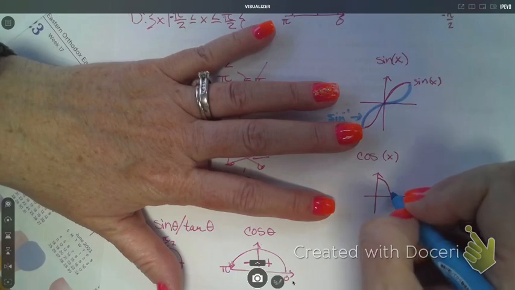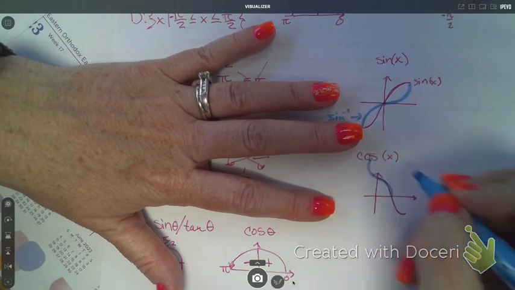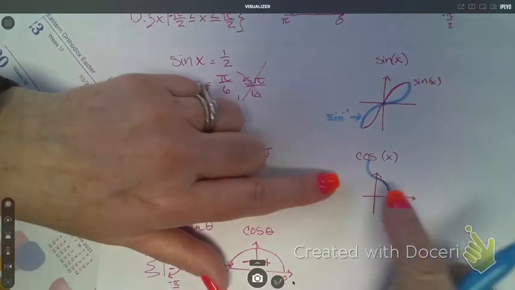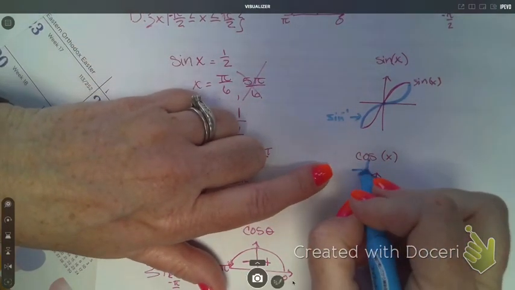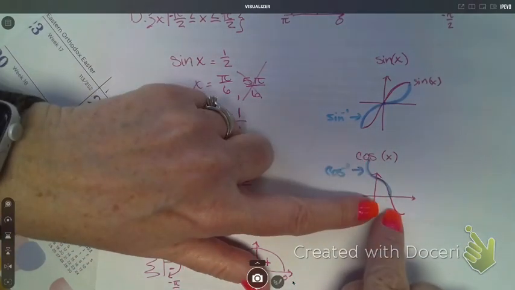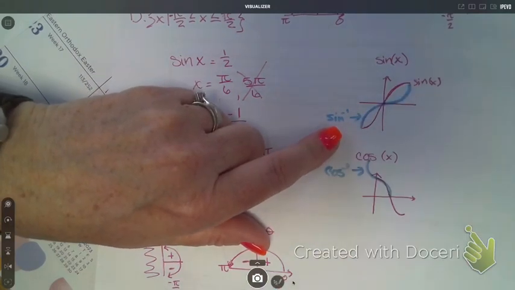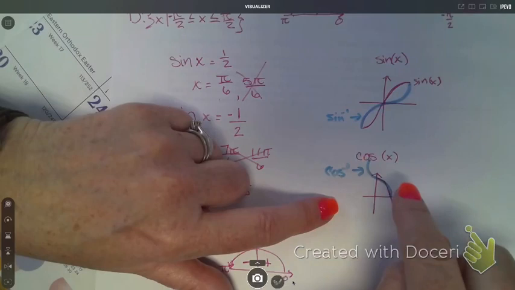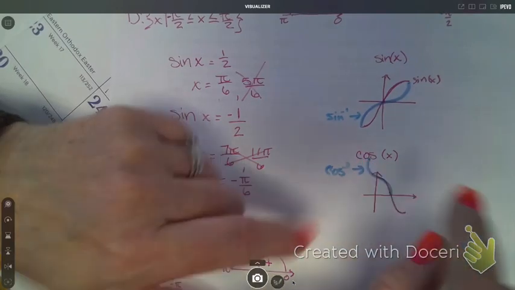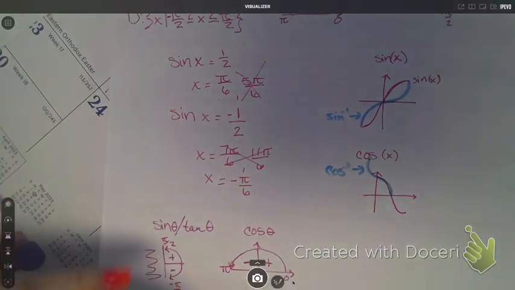Cosine looks like this. Now, if I moved inverse cosine down and over, would it do the same thing? Yes. It just happens to go a little bit different because this one goes up to pi, which is much bigger than 1, isn't it?